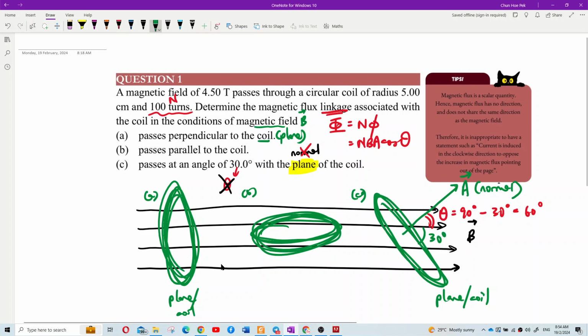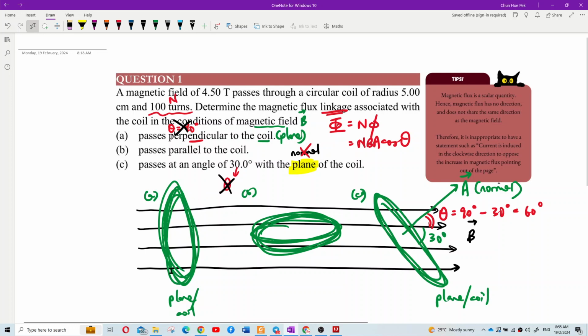So how about the rest? The first one, he says the field is perpendicular to the plane. That means like this. Don't say perpendicular, straight away 90 degrees. No, you must understand. Don't say straight away the theta is 90 degrees. So be careful.